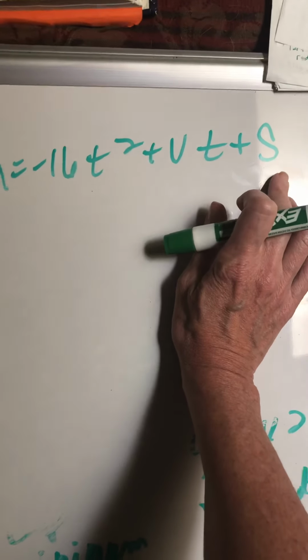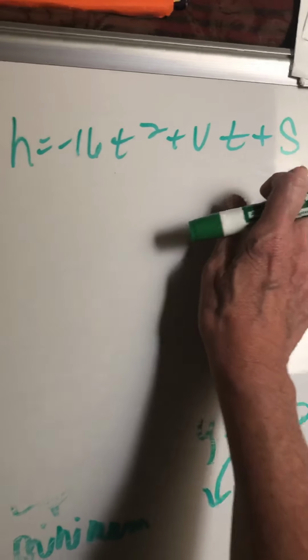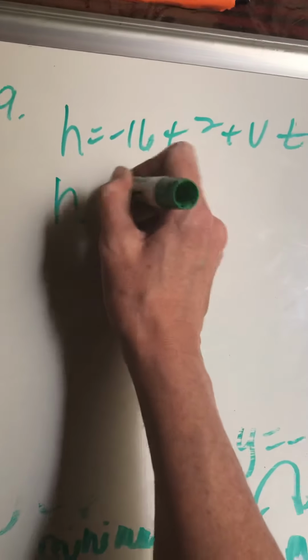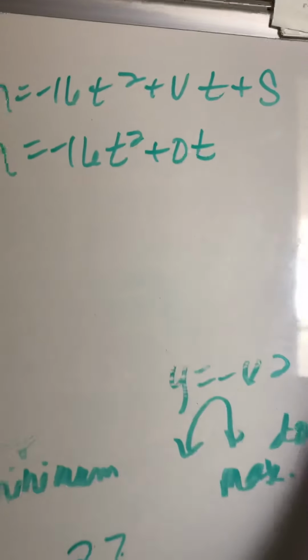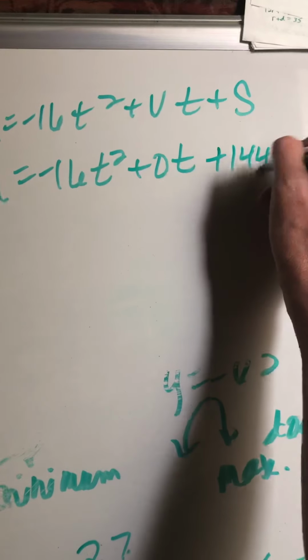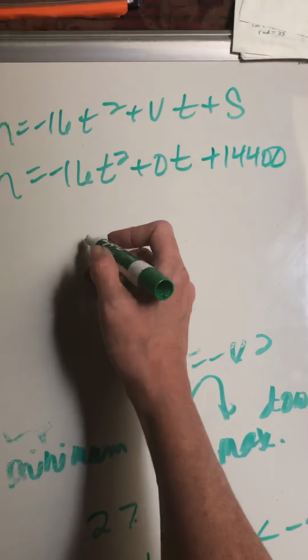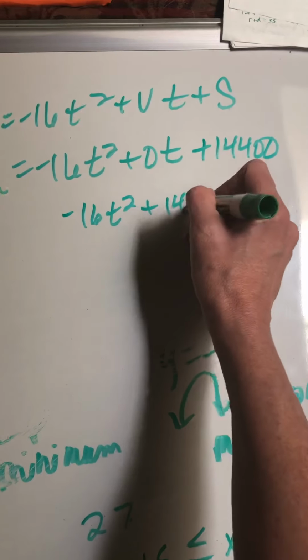Write an equation for the height of an object t seconds after it begins to fall from 14,400 feet, then factor it. Okay, so that means my initial velocity is 0 because it just told me if it begins to fall, the initial velocity is 0. And it starts from a height of 14,400. So then that's negative 16t squared plus 14,400.